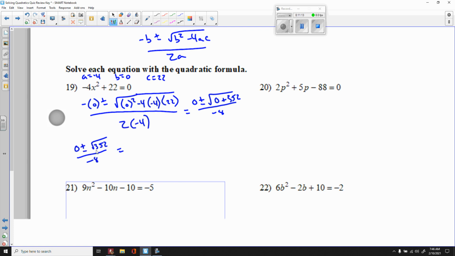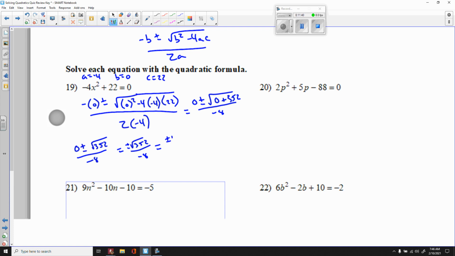So I'm looking at the square root of 352. I know it's not a perfect square, but I'm thinking about perfect square factors. 352, if I look at it, can be divisible by 16. The square root of 16 is 4.